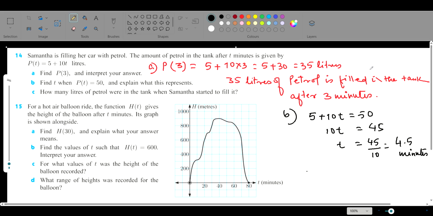So I can say in 4.5 minutes, 50 liters of petrol is there in the tank.